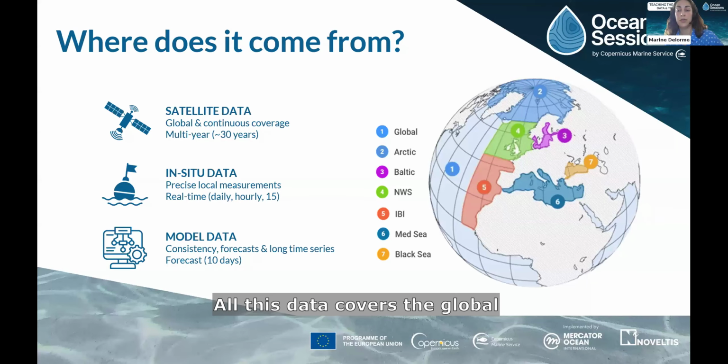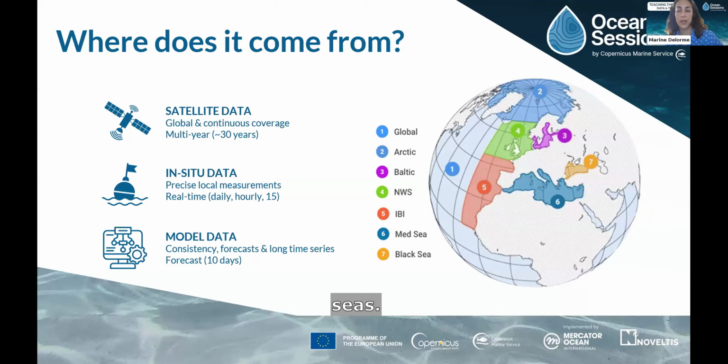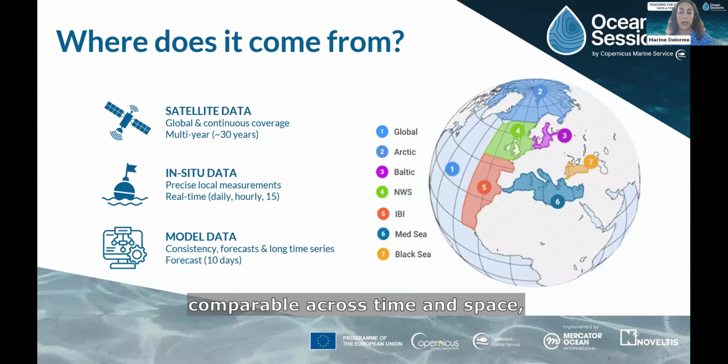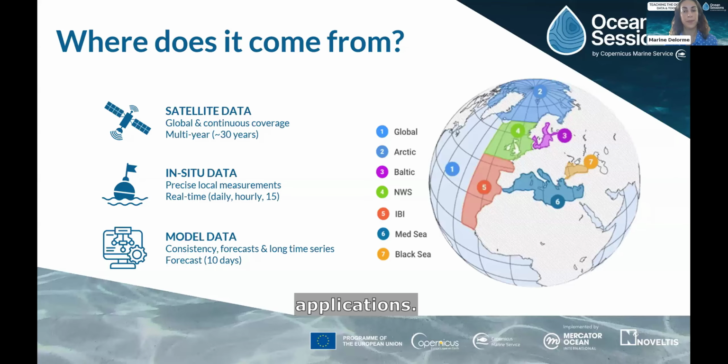All this data covers the global ocean and Europe's key regional seas. The data is scientifically validated, consistent, and comparable across time and space, which makes it valuable for both scientific and operational applications.